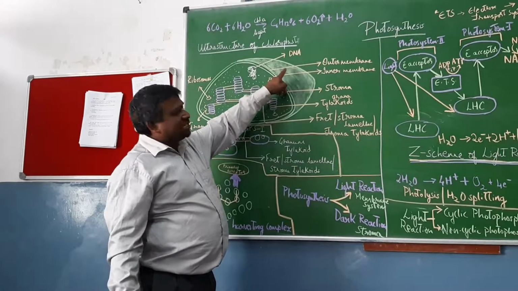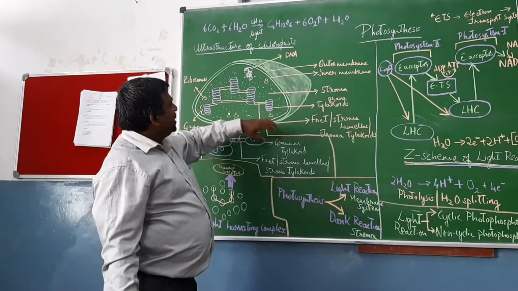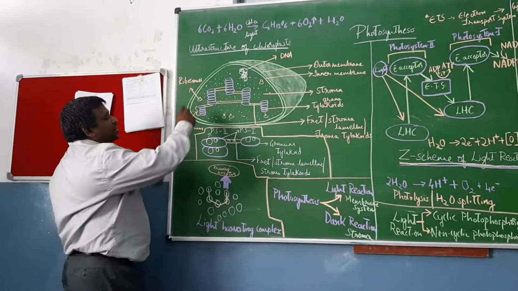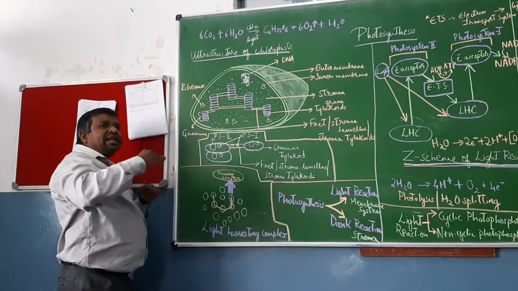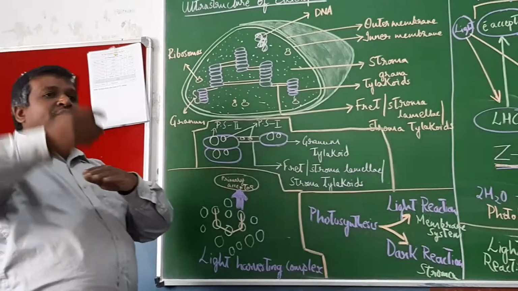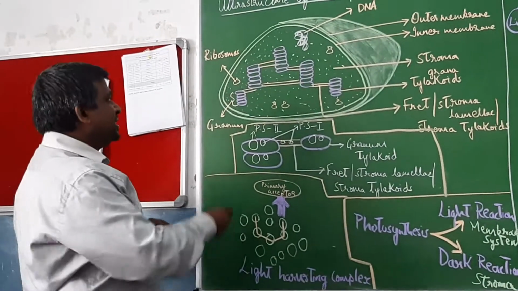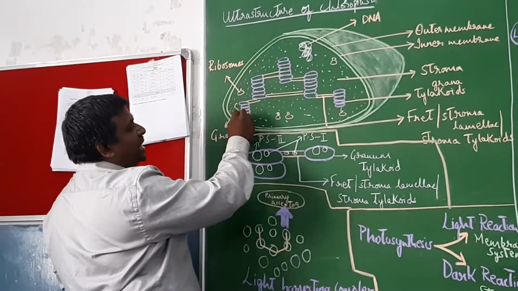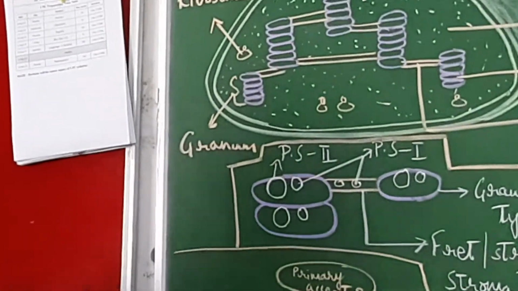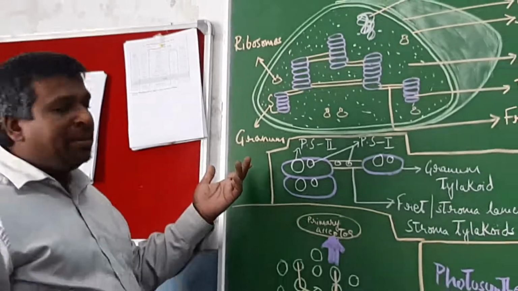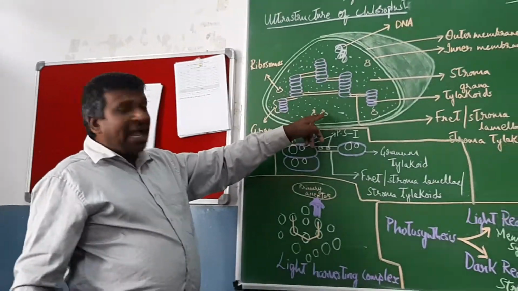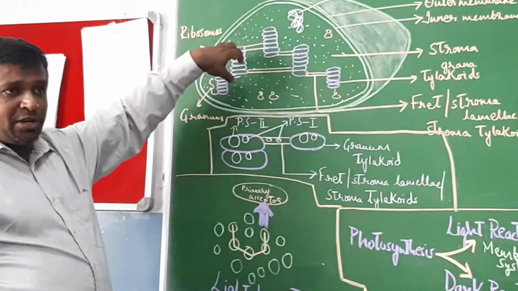So they have two membranes, outer membrane, inner membrane, and you can find structures called thylakoids. Thylakoids are arranged one above the other to form a pile of coil-like structures, and this entire pile we call a granum. Okay? Plural form is grana. And they also have ribosomes and DNA within this chloroplast.